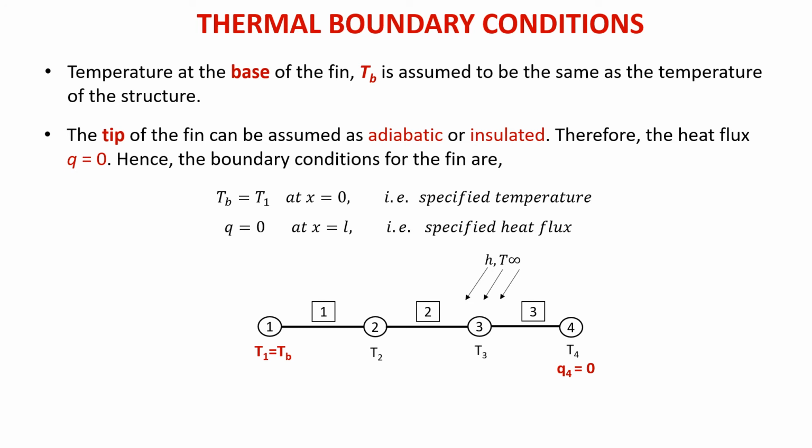The second one, the heat flux is equal to 0 at x equal to L, or at the tip of the fin, meaning that the heat flux at the tip of the fin is specified. However, the second boundary condition, when we add it into our system of linear equations, gives no difference, as the value is 0.